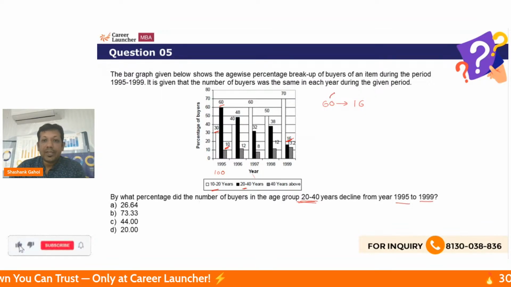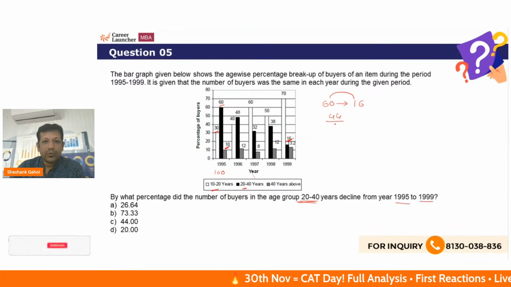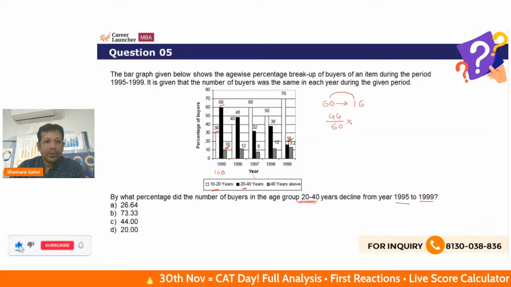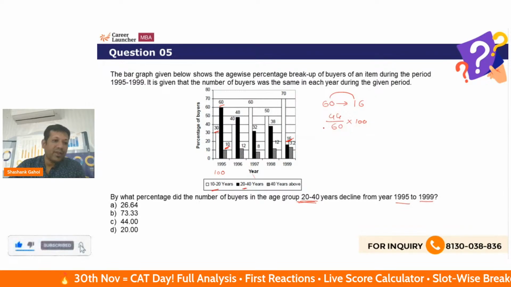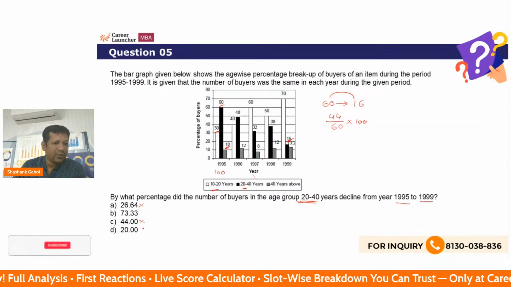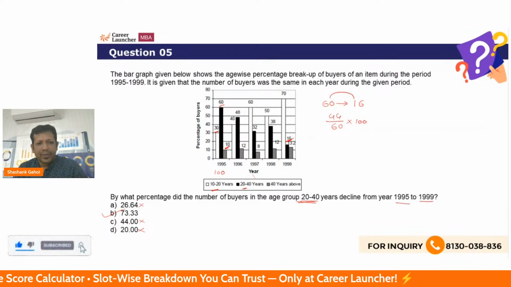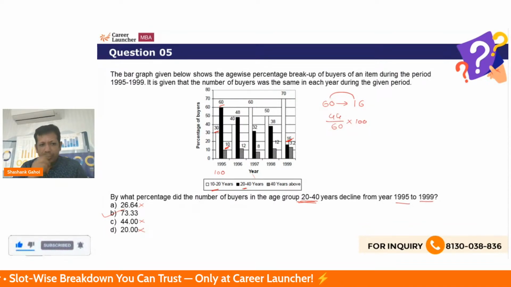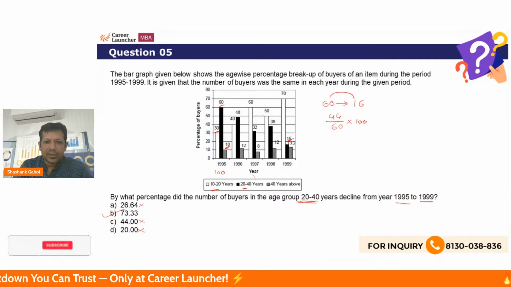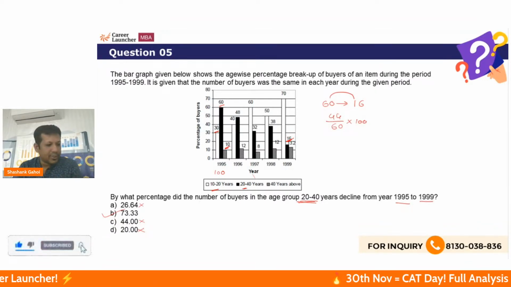We are talking about a decrement of 44 over 60, into 100. So this value is definitely greater than 26%, greater than 44%, greater than 20%. So the answer is directly going to be option B, 73.33%.